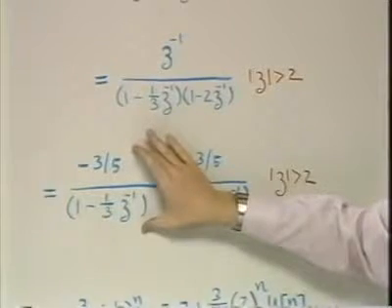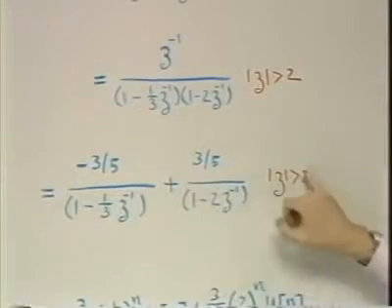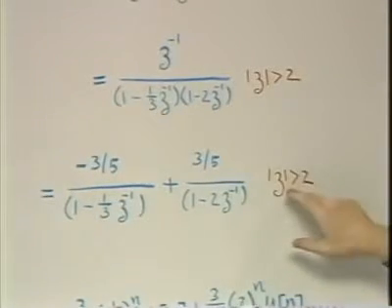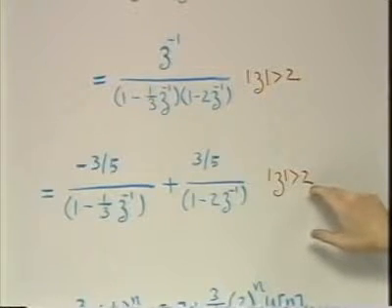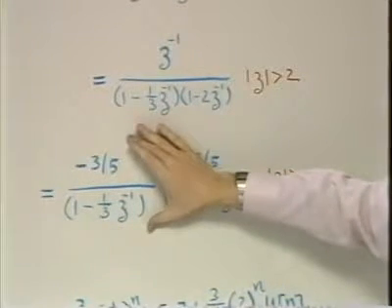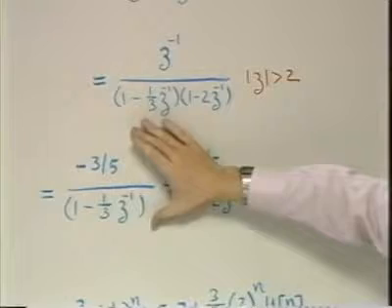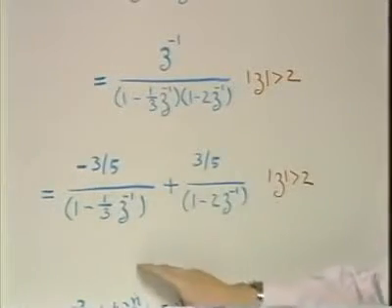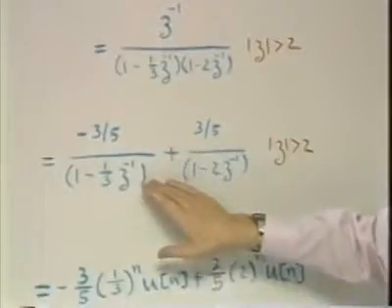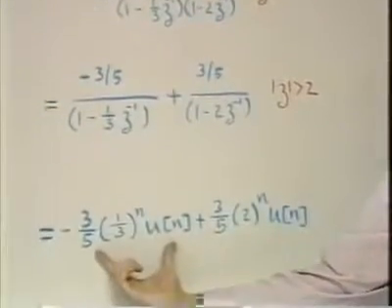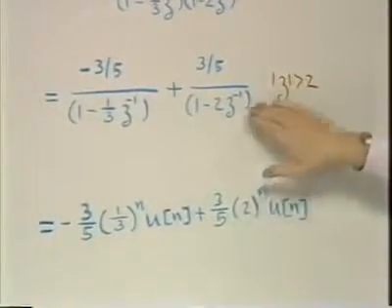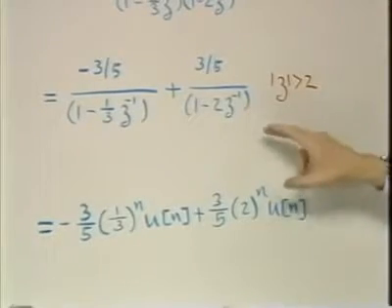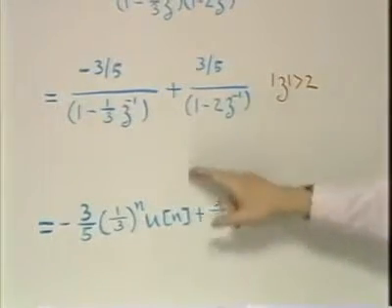And so this term, together with the fact that we know that the magnitude of z must be greater than 2, allows us to recognize this as similar to the example 10.1. And in particular, then, the sequence associated with that is what I indicate here. And for the second term, the sequence is what I indicate here.